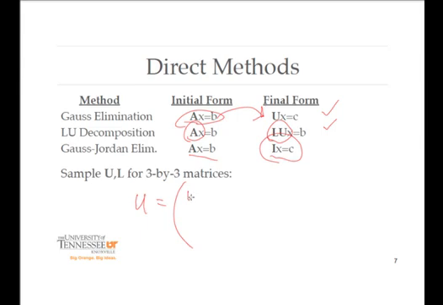So again, we have U1,1, and then we have U1,2 going across, and then finally across the first row for a 3x3 we would have U1,3. So those are the three components in the first row. For an upper triangular matrix, everything below the diagonal is 0.